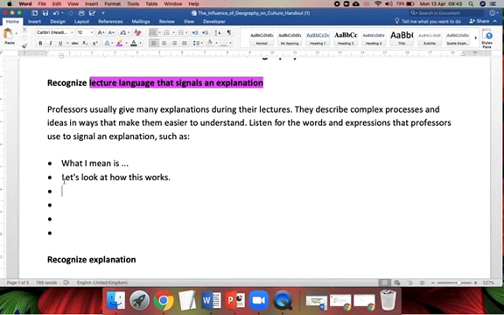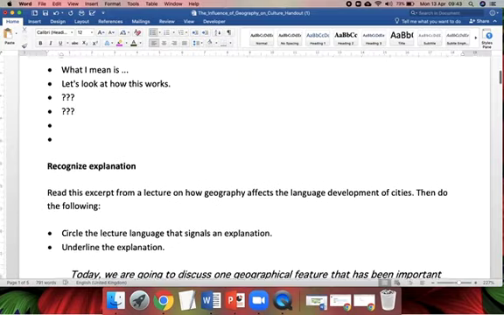Or disruptive technology affects our life dramatically. Let's look at how this works, and then an explanation. So think of some other phrases you heard or read about.